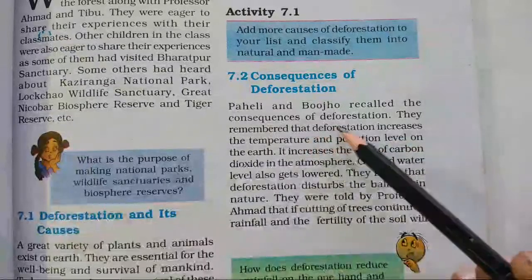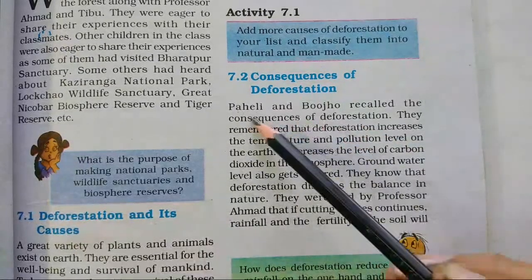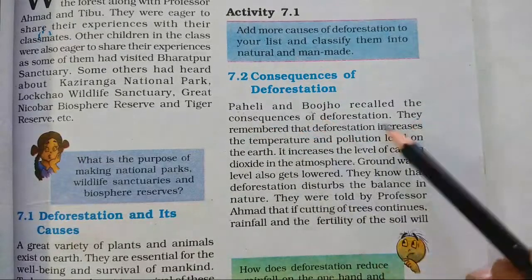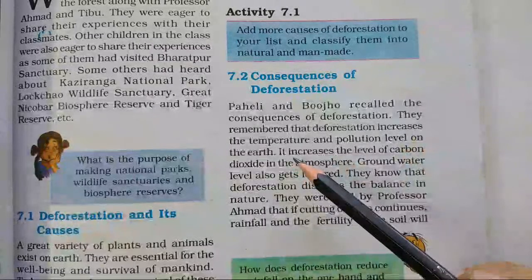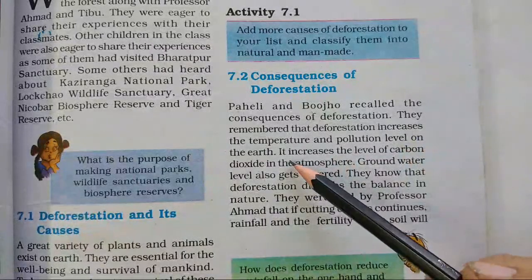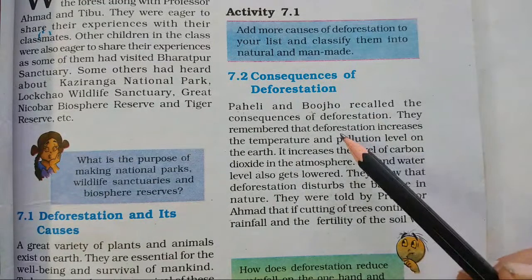The consequences of deforestation. Here there are two characters, and they are recalling that deforestation increases the temperature. Why does deforestation increase temperature? Which temperature? The temperature of the earth.